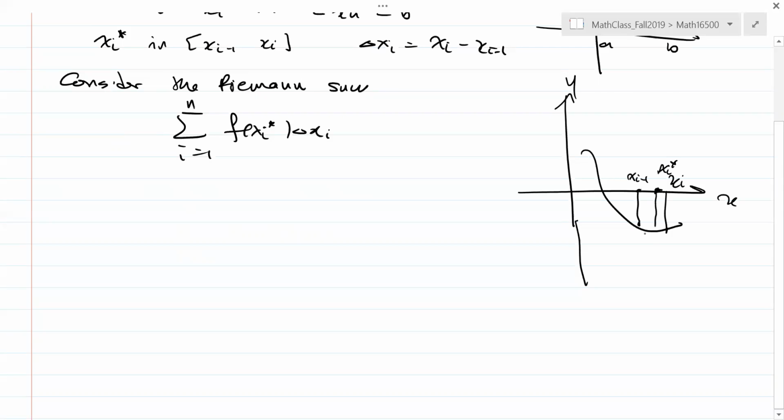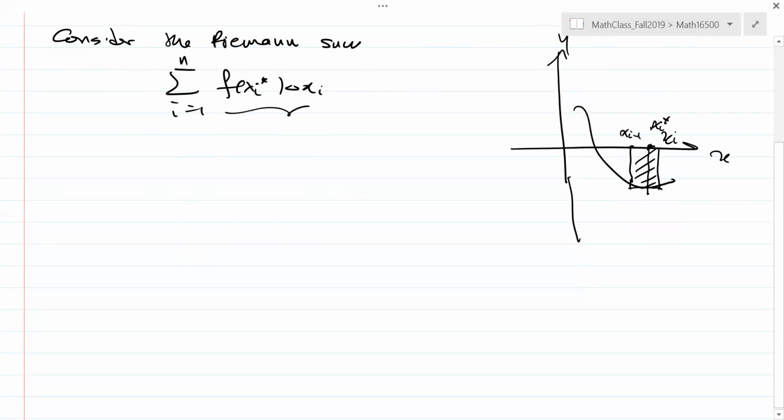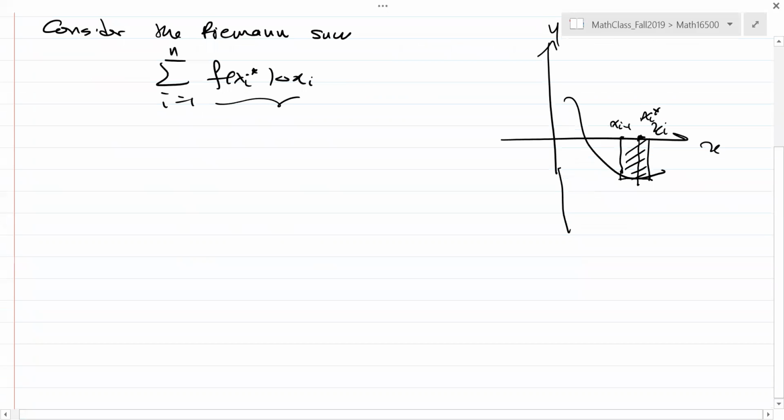So the product of this is going to be negative. So the absolute value of this product is going to be the area. Now, if you introduce a negative sign, you can call it signed area.